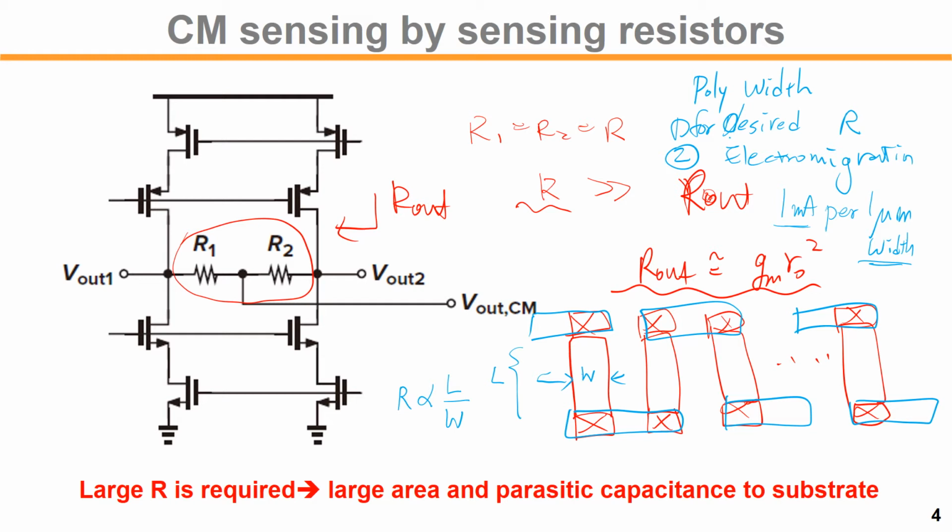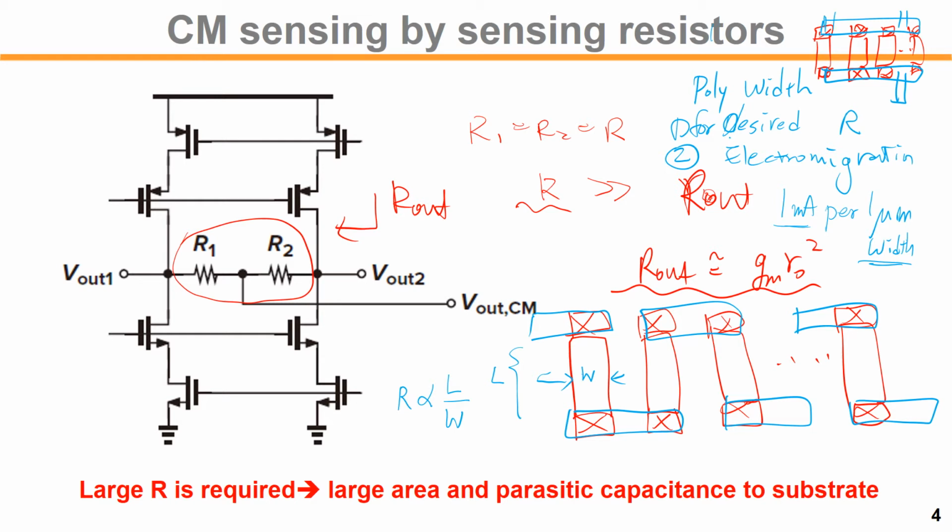If your resistor has to carry a large amount of current, you have to make a very large W, or connect poly resistors in parallel to make the effective width larger. For example, you make poly resistors in parallel and then connect the top and bottom, so the effective width can be very large.